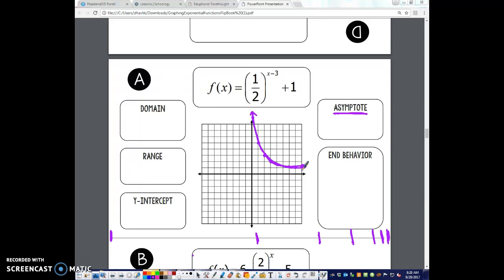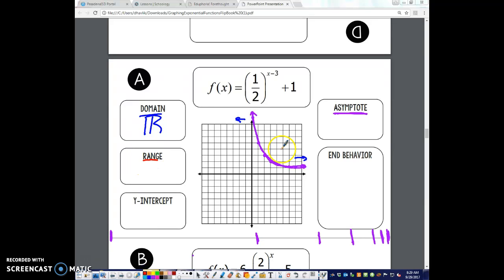Okay, so let's do our domain. Domain. How far to the left is this line going to go? Yeah, infinity, because remember it's got an arrow, so that's going to keep going and going and going. So it's going forever to the left, and how far to the right is it going to go? Infinity. So our domain is all real numbers. Okay? Next thing, let's look at range.